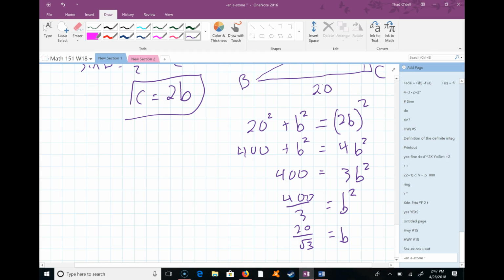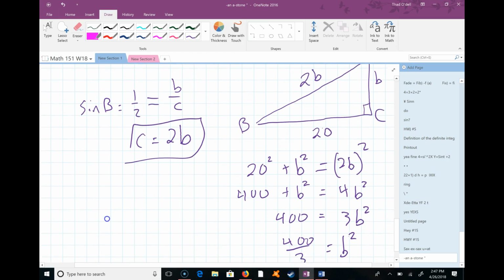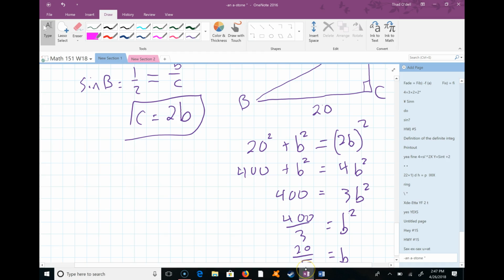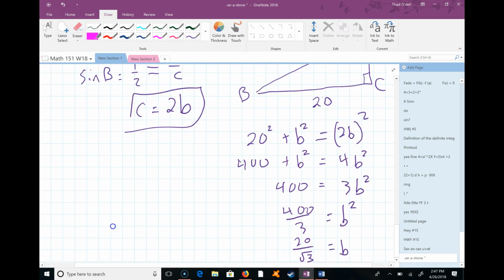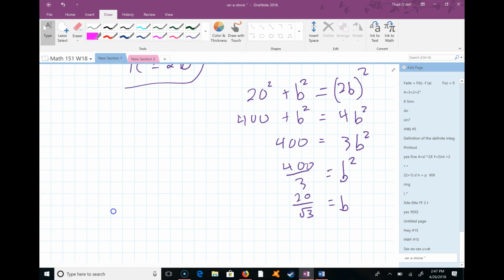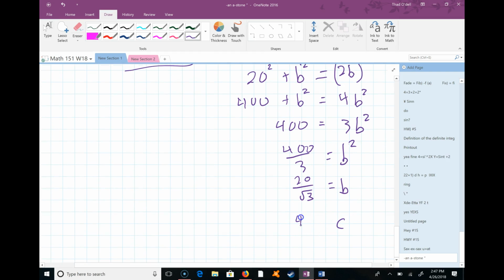Okay, so now we have that, and I think the question again was, what is b and c? So b is 20 over square root of 3, and then, of course, c is twice that, so c would be 40 over the square root of 3. And there you have it.